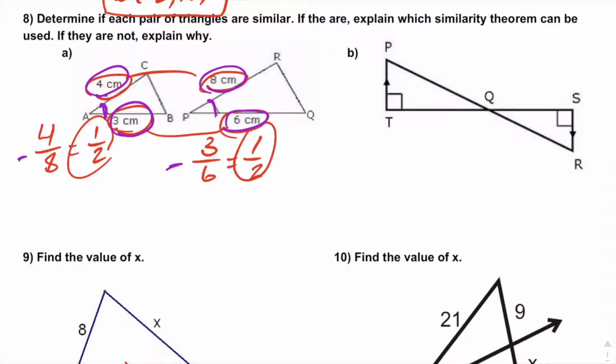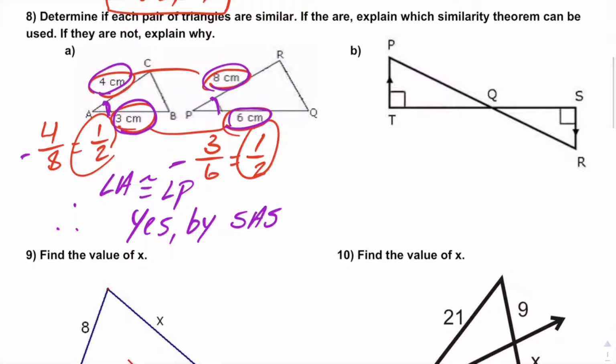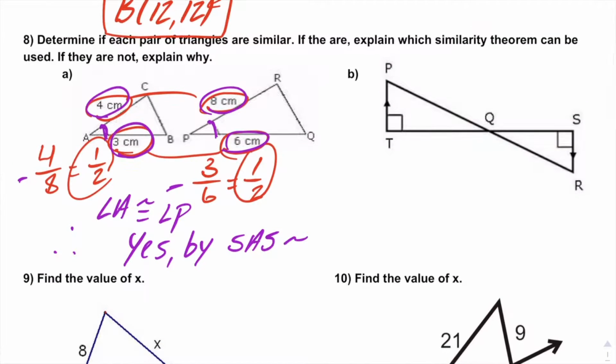So we have side, angle, side. And let me write the angles. Angle A is congruent to angle P. Therefore, yes, by side, angle, side similarity. SAS. All right.